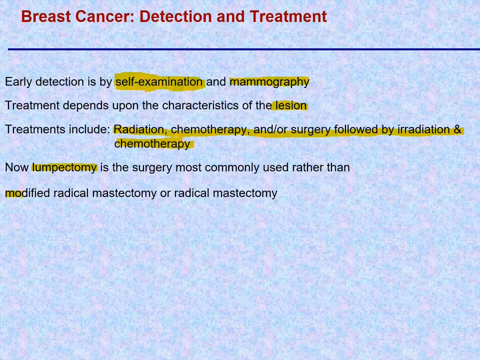Those techniques include a radical mastectomy, removal of the breast and some of the muscle tissue underneath, or modified radical mastectomy, where none of the muscle tissue underneath is removed. But now the majority of women who are diagnosed with breast carcinoma receive a lumpectomy.